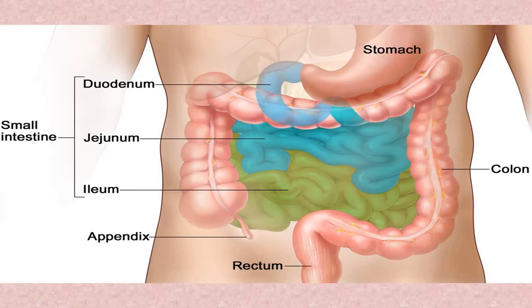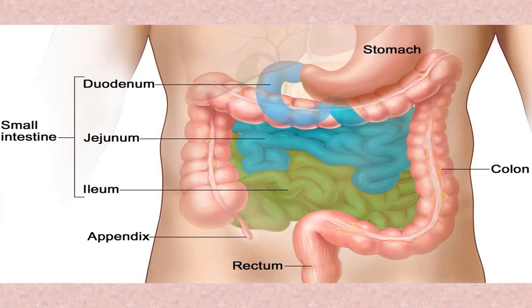And the third part, this one is ileum. Just above the stomach or over the first part of the small intestine, here is liver, and in the fold of this duodenum. Duodenum forms this U-shaped structure, so in the fold of stomach and duodenum, pancreas is present.